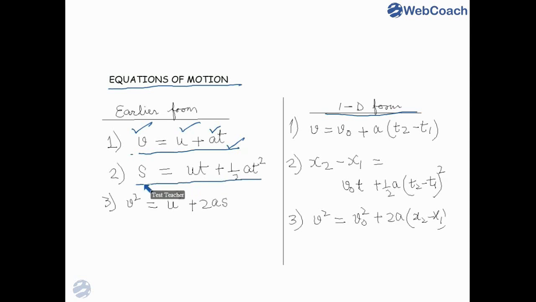In the second formula, we have done s is equal to ut plus half at square, where s is the distance traveled. Now no longer are we using s here, we are using x2 minus x1, position at time t2 minus position at time t1, and the time is t2 minus t1. And v0 is the initial velocity, 0 stands for the initial velocity.